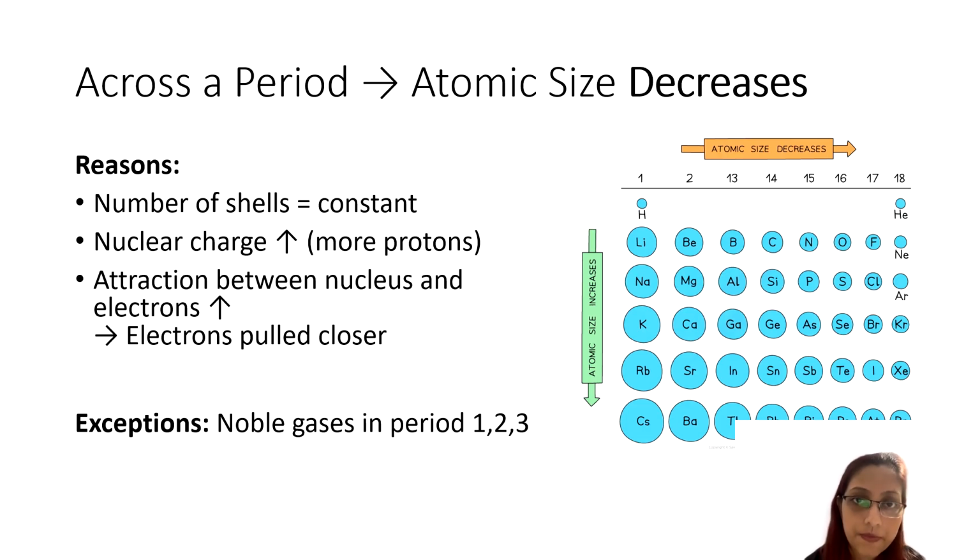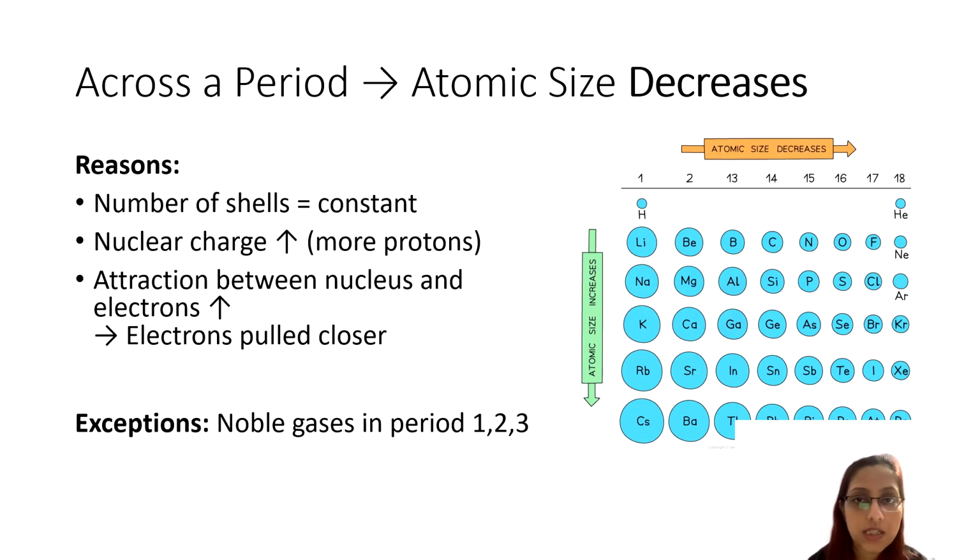They appear to have larger atomic radii due to their closed electron shells. A closed shell means that a particular energy level or shell is completely filled with electrons. For example, helium has a full first shell, that is 2 electrons. Neon has a full second shell, 8 electrons.